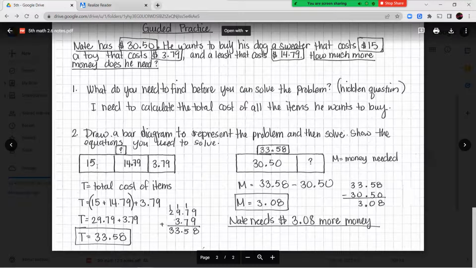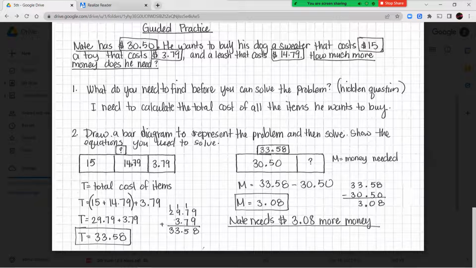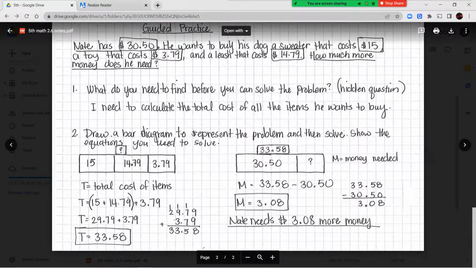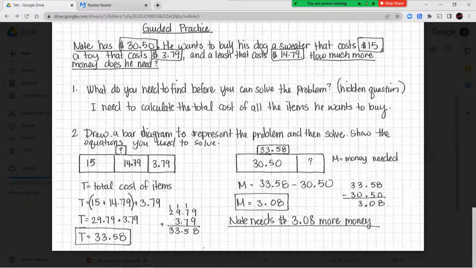So I drew my bar diagram. I know he wanted the sweater for $15, the toy for $3.79, and the leash for $14.79. So I added those together, and it came up for a grand total of $33.58 is the total cost of the things he wants to buy.